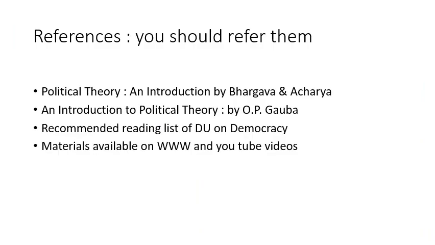For giving you a brief guide to all these questions, which shall definitely reappear, I have taken help of these references or sources. The two books, one by Bhargava and Acharya, Political Theory, you are aware, and Introduction to Political Theory by O.P. Gauba. I have read those chapters on democracy from these books, and the reading list of Democracy is wonderful.